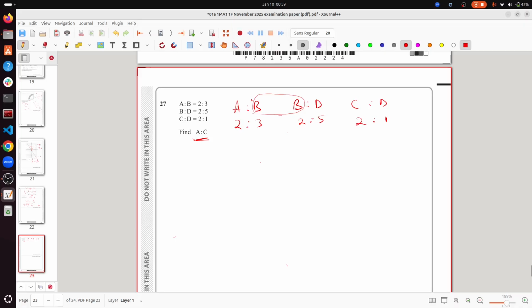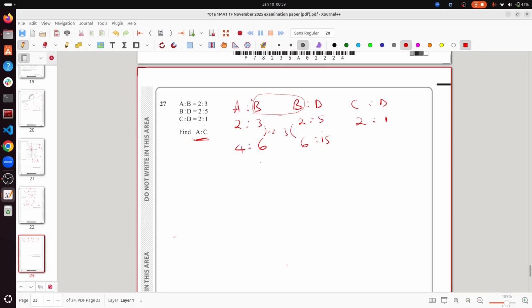So I could make them have a common number, which is 6. That's the lowest common number. So if I make here 6 and here 6, I have times here by 2 to give 4, and times here by 3 to get 15.